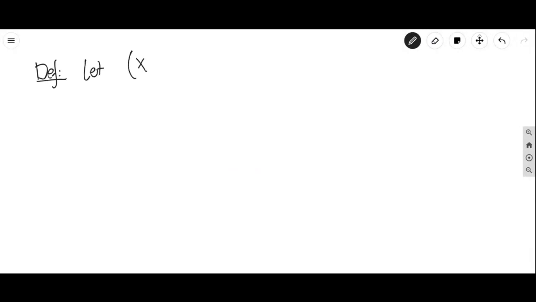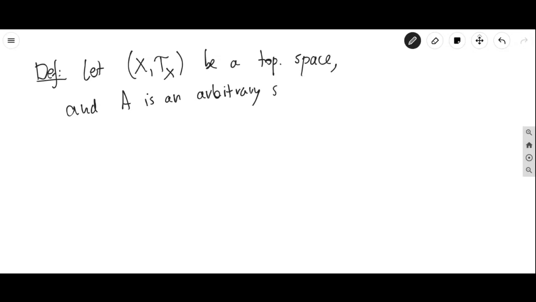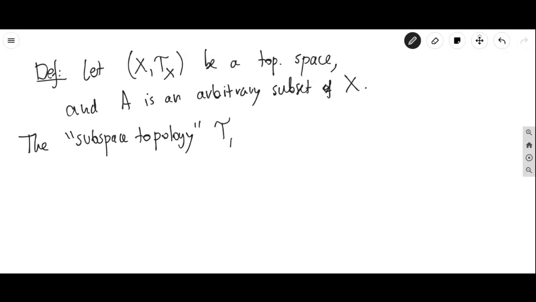So let (X, T_X) be a topological space, and A is an arbitrary subset of X. The subspace topology, let's call it T_A, of A is defined as follows.